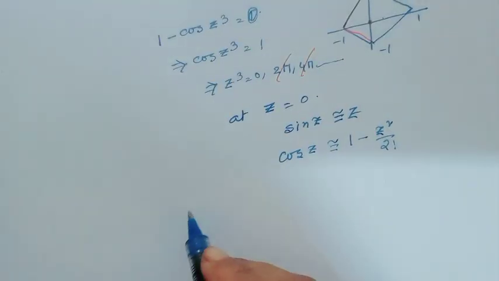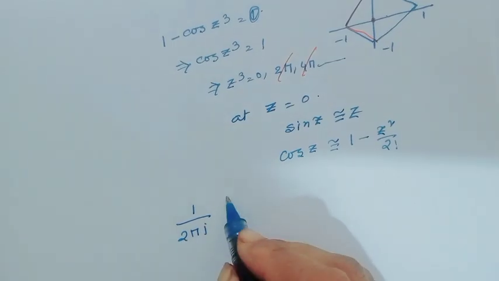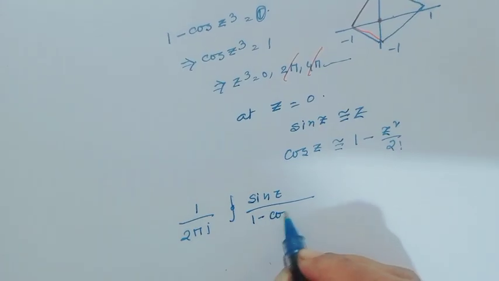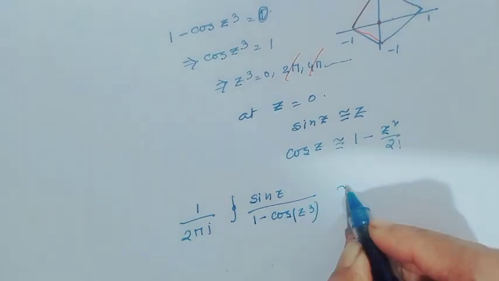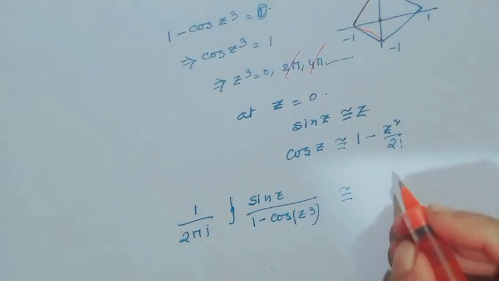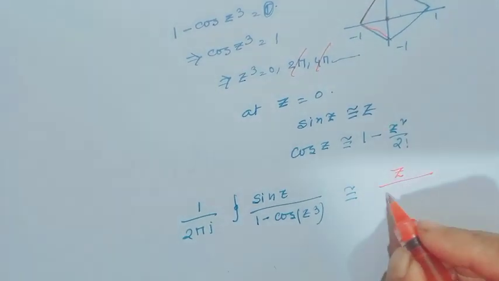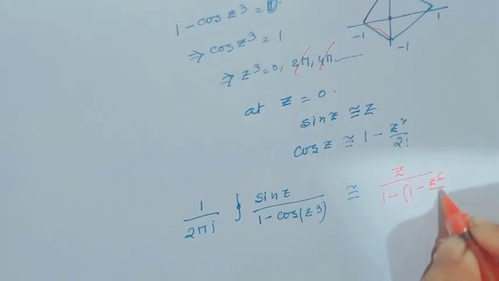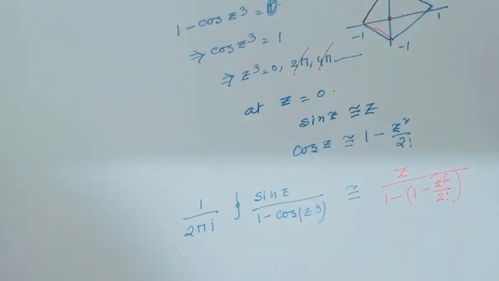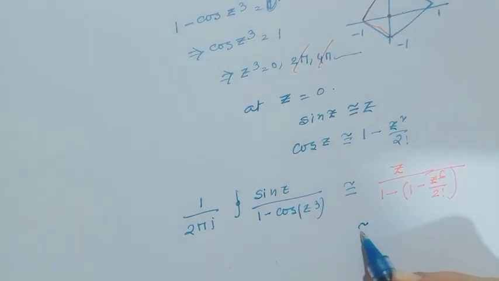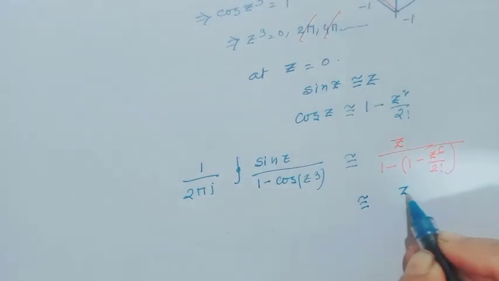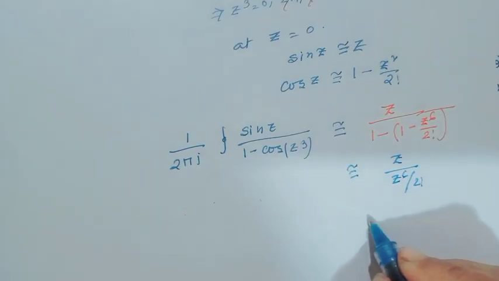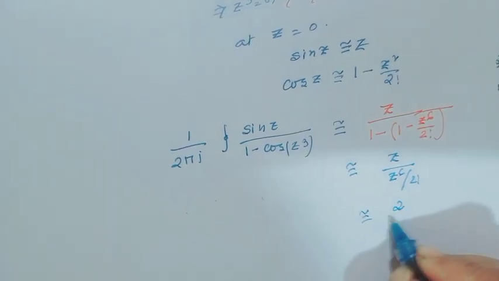Therefore, 1 by 2 pi i times sin z over (1 minus cos z) cubed is equivalent to z over 1 minus z to the 6 over 2 factorial, which is equivalent to z over z to the 6 over 2 factorial, and this value is equivalent to 2 over z to the power 5.